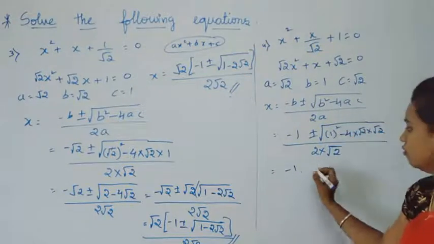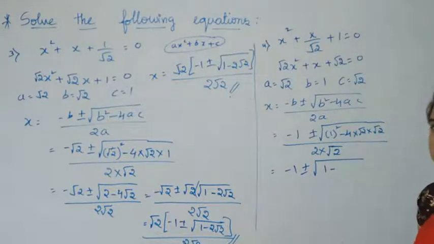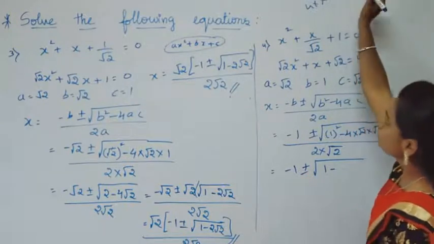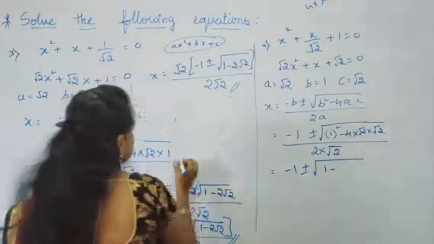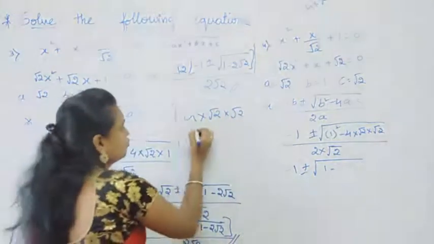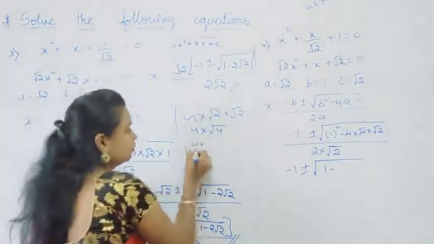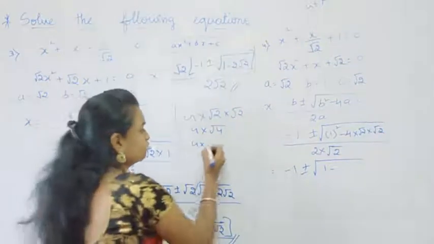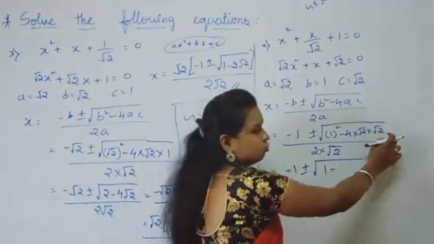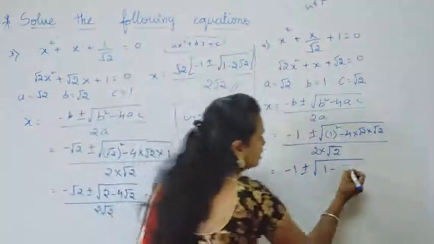Minus 1 plus or minus square root of 1 square is 1, minus 4 into root 2 into root 2. Root 2 into root 2 becomes 2, so 4 into 2, 4 twos are 8.